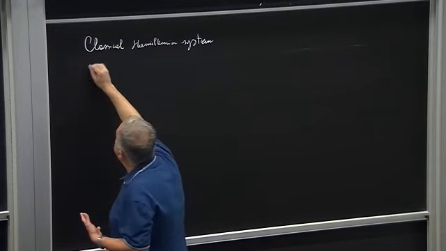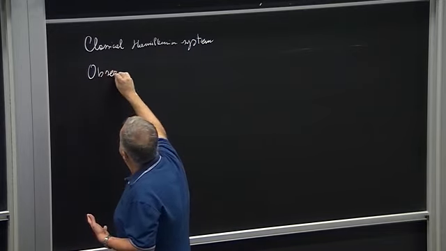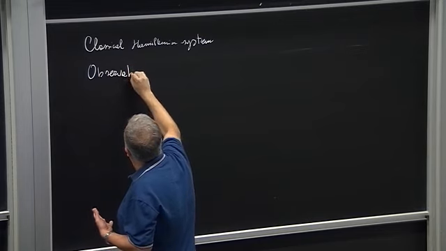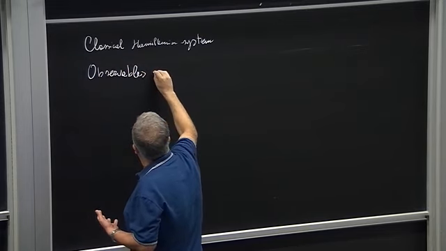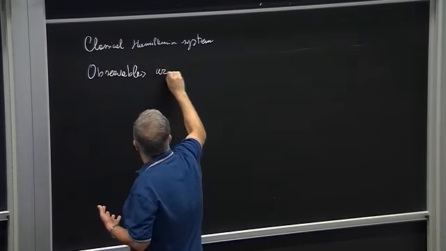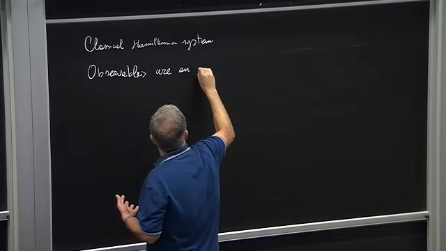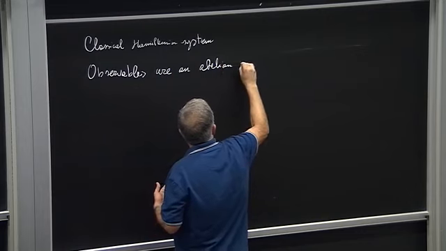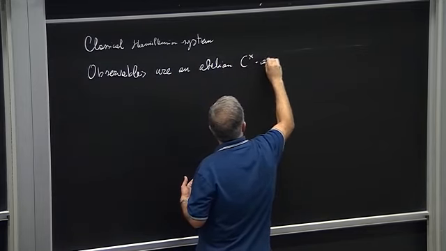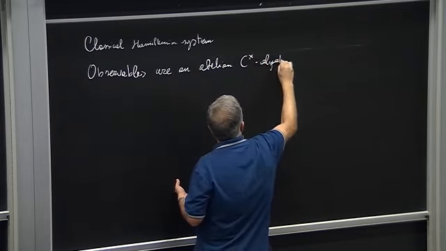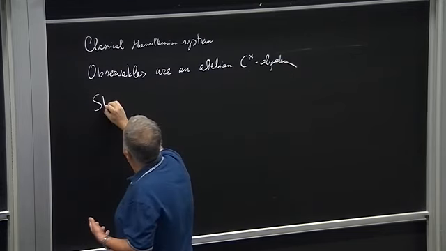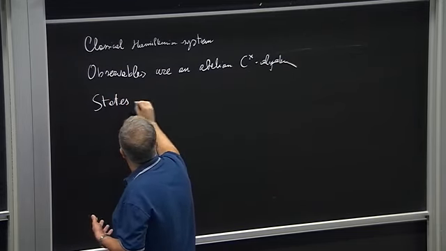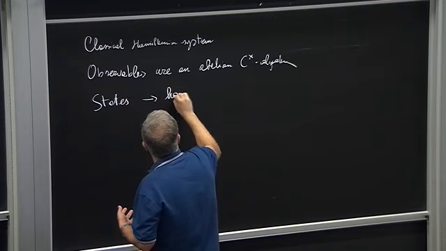Observables are an algebra, and states have a probabilistic interpretation.